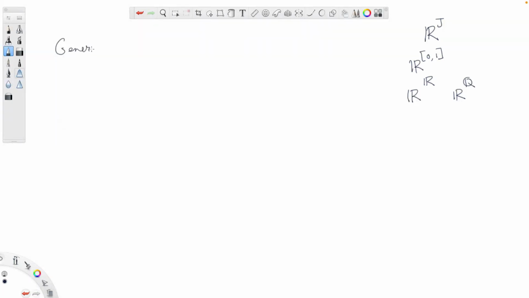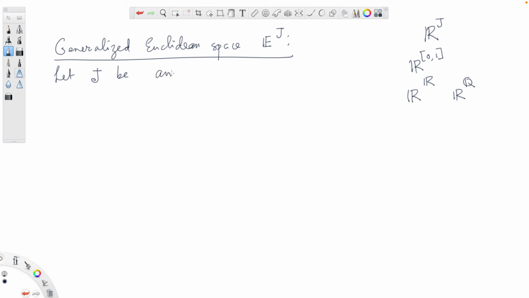So we are discussing generalized Euclidean space, bold-faced E raised to J. Let J be an arbitrary index set, and let R raised to J denote the J-fold product of R with itself.